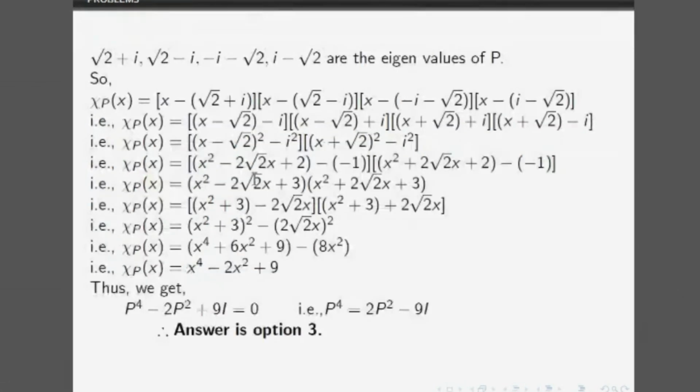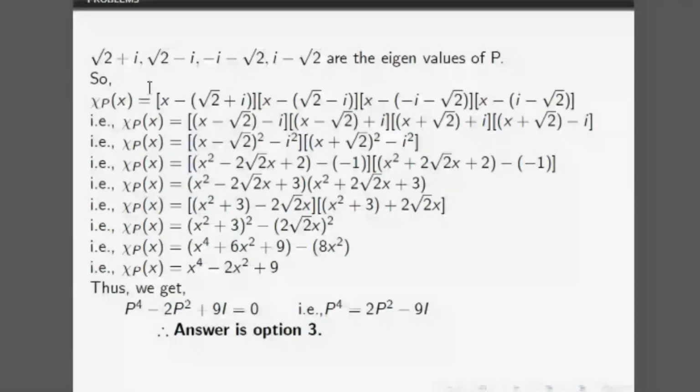That is, we are taking these as the factors, that is x minus first term, x minus second term, then the regular computation. We are grouping it as a plus b into a minus b and so on, step by step. And after all the computations, what we get is x power 4 minus 2x square plus 9.